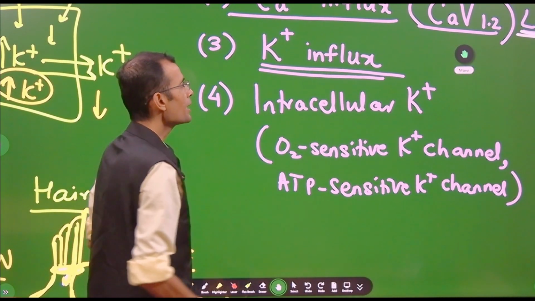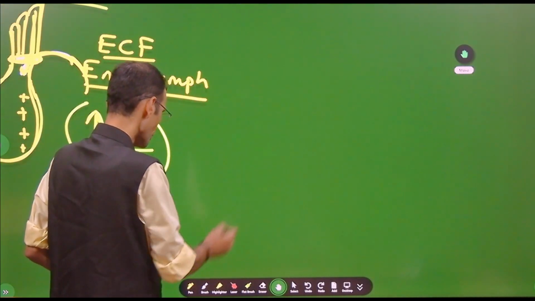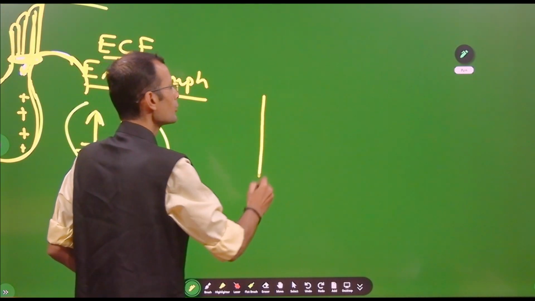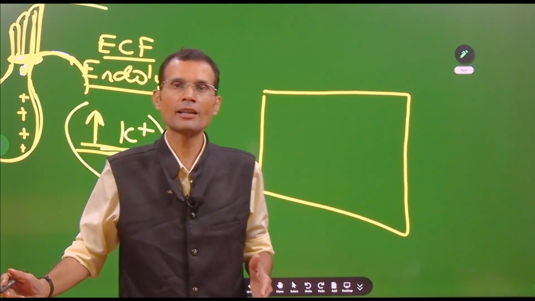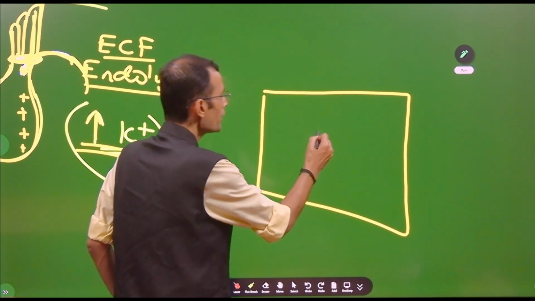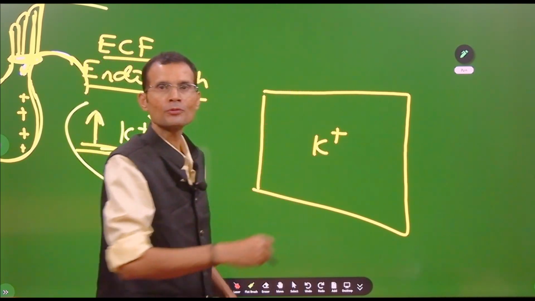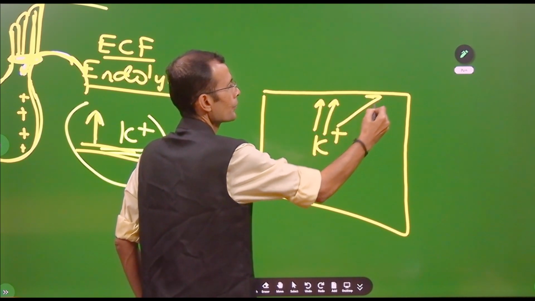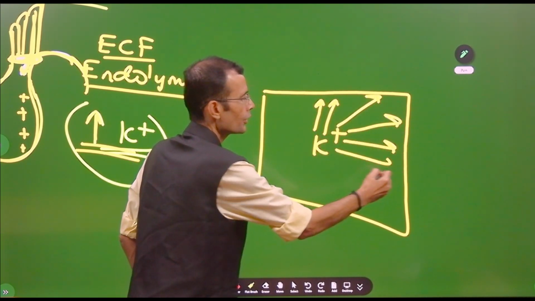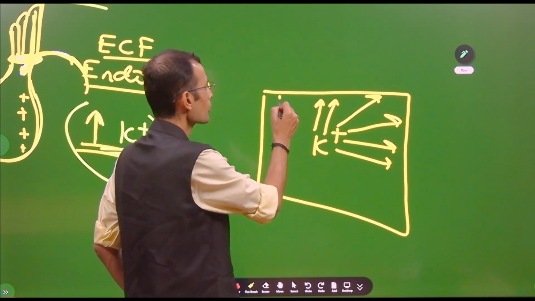The next way of membrane depolarization is if the intracellular potassium, the most important intracellular cation inside the cells, instead of going out of the cell, just comes near the membrane and lines up on the inside of the membrane, the inner aspect of the membrane.